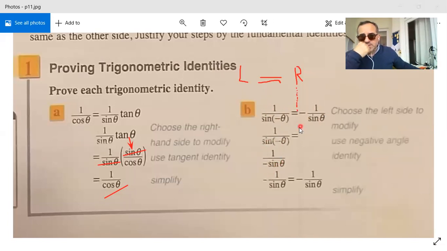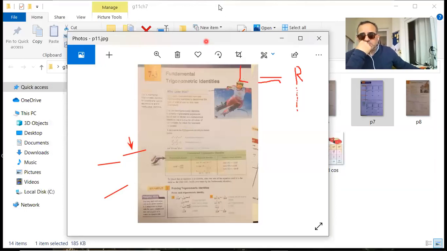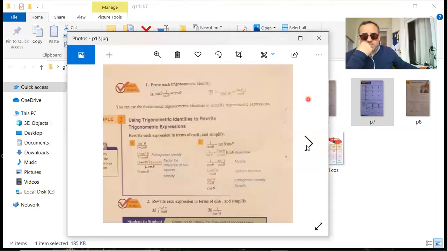This is the identity. Let me solve, first check out. And next page.